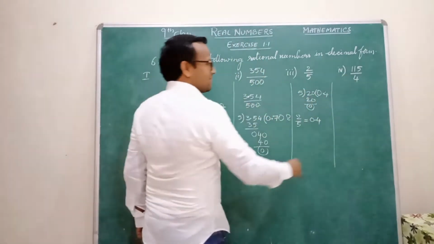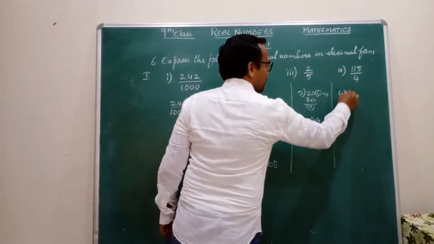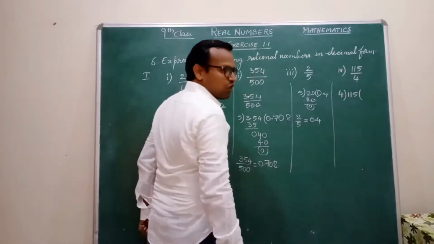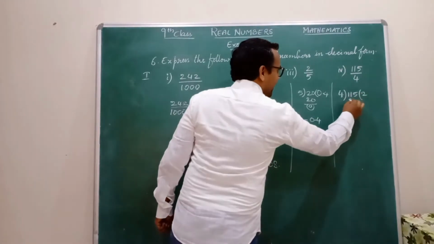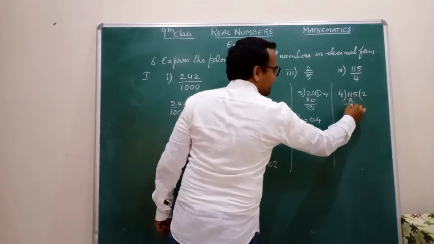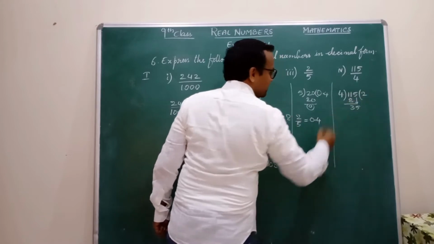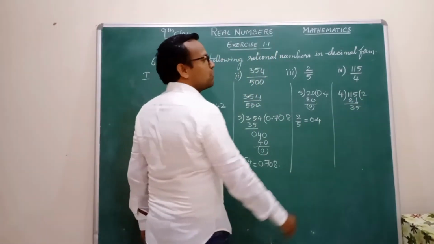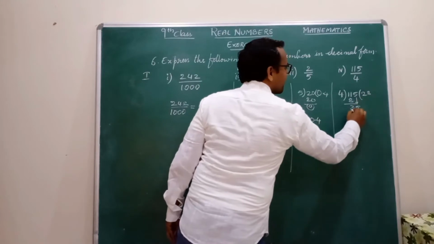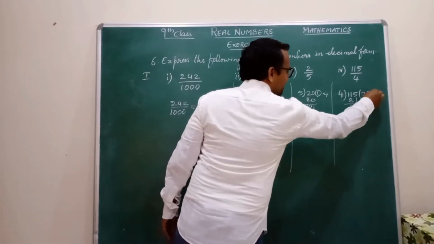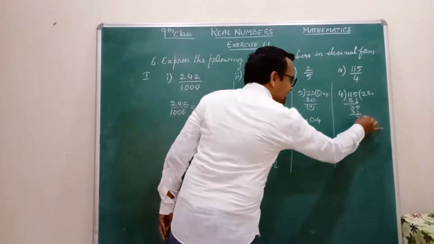Now the fourth one. With 4 divide 115. Now 4 2s are 8. 11 minus 8 is nothing but 3 and 5 is carried here. Right. Now 4 8s are 32 and the difference is 3. Let me put point and take 0.